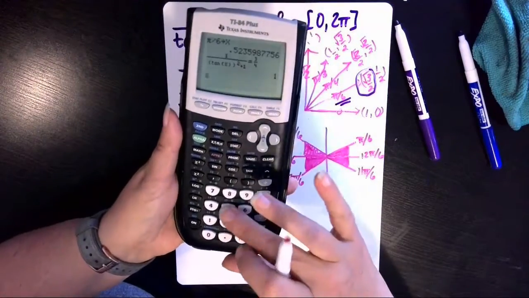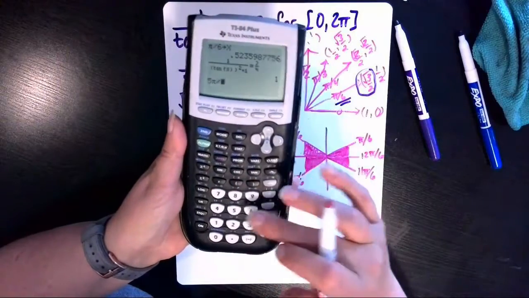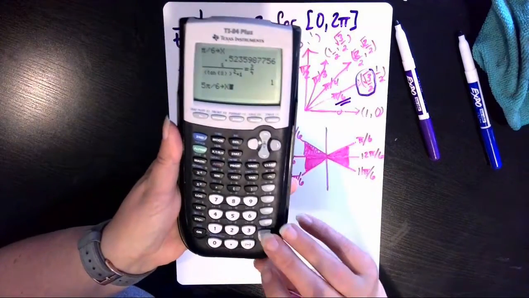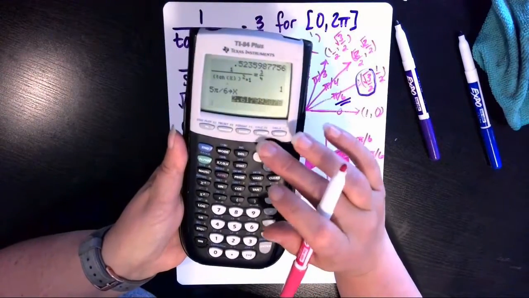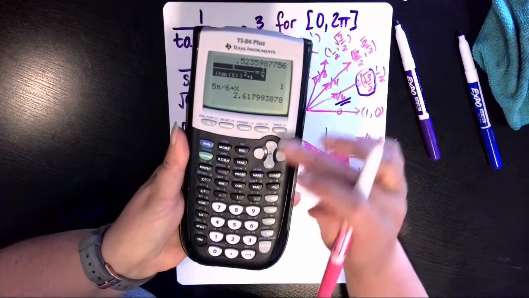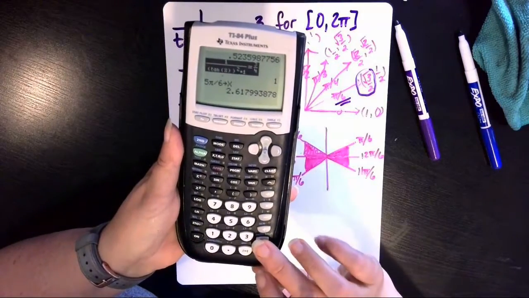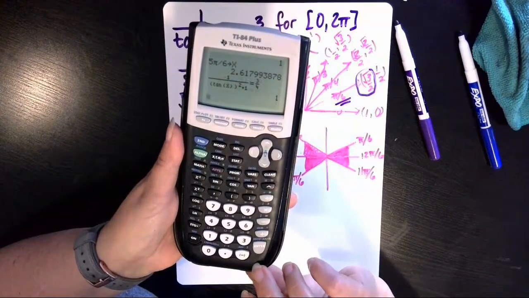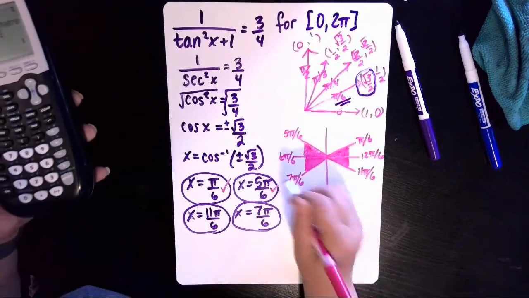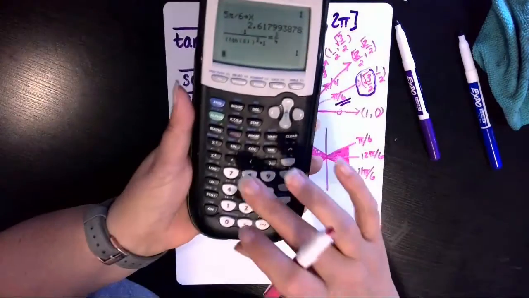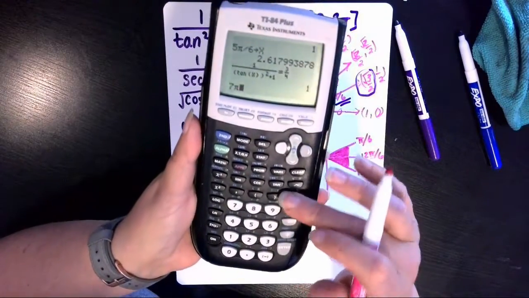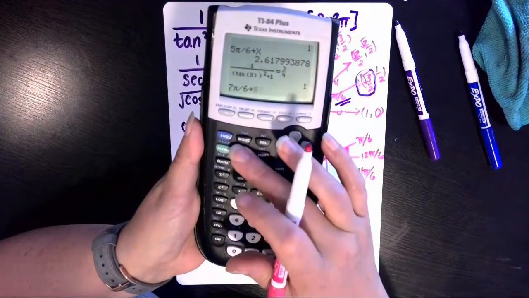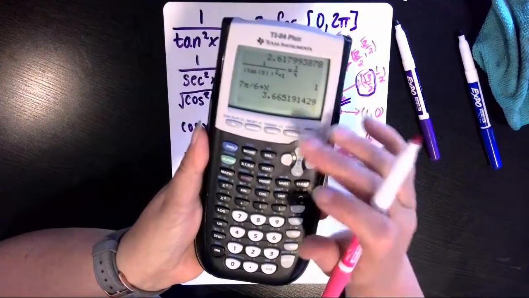Okay, now we're going to try 5 pi over 6. We're going to store that as x. And then rather than retype the whole equation, you just arrow up to it so it's highlighted. And when you press enter, it just rewrites it for us. Press enter, and 5 pi over 6 also checks. Okay, now we're going to check 7 pi over 6 by storing that as our new x.